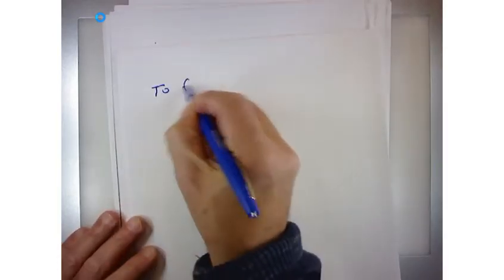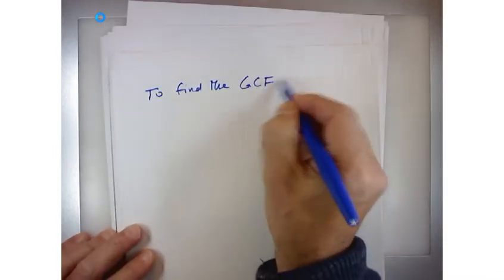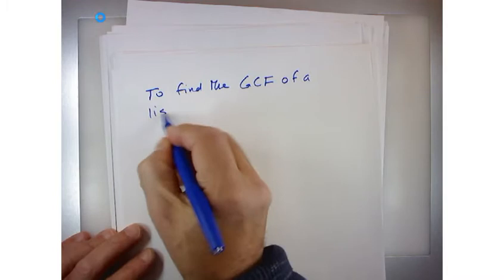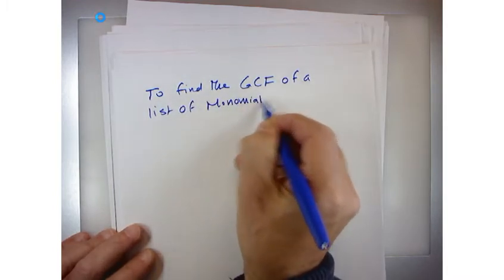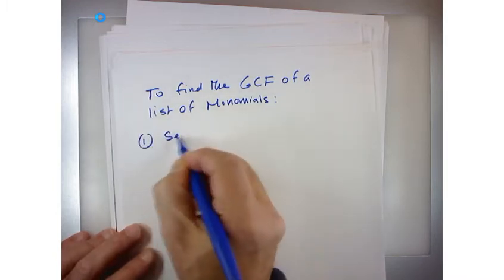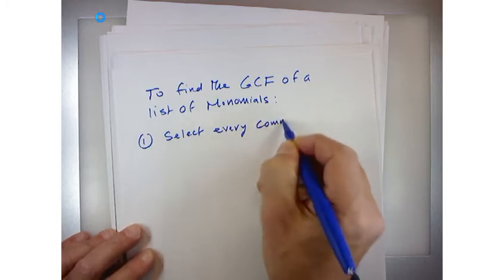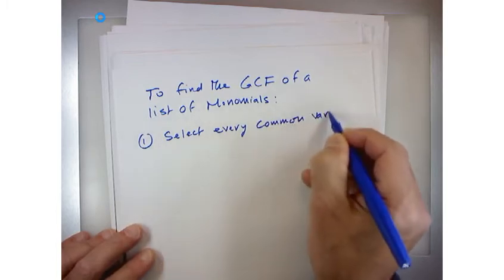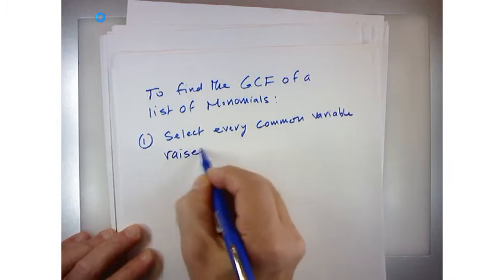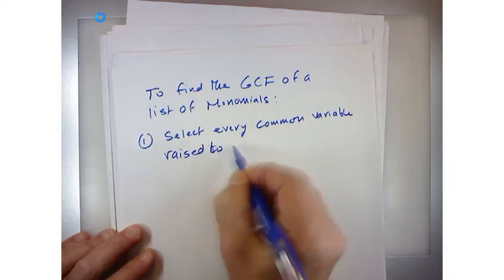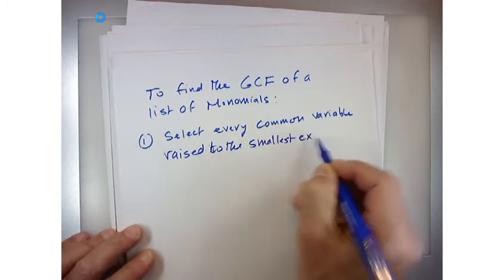To find the GCF of a list of monomials, you want to select every common variable raised to the smallest exponent in the list.